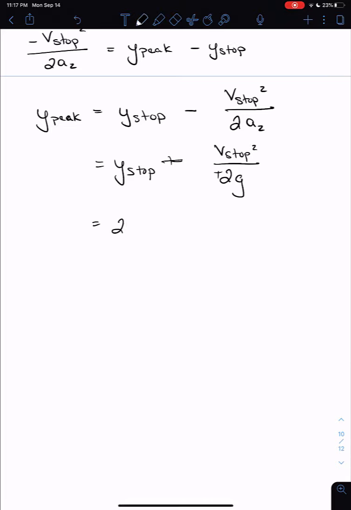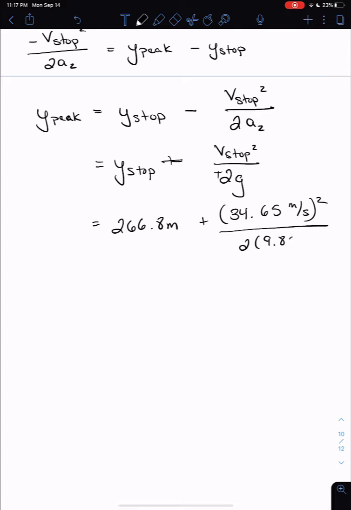So the vertical position the rocket is at when the engine stopped, we calculated before from part 1, was 266.8 meters. We calculated its velocity when it stopped as 34.65 meters per second. And then we know what the free fall acceleration happens to be.